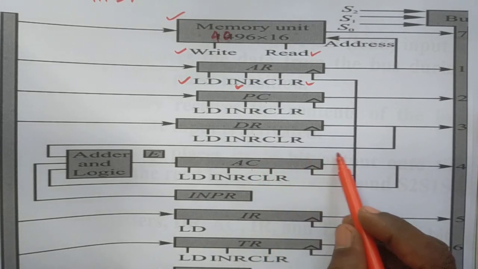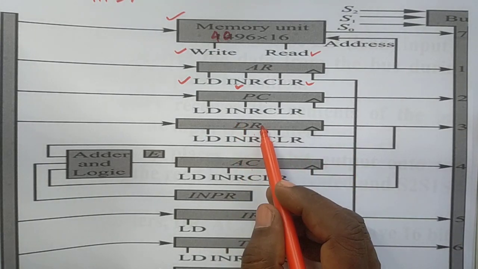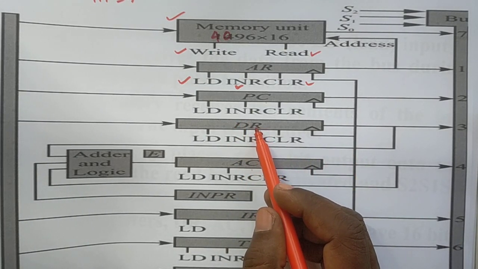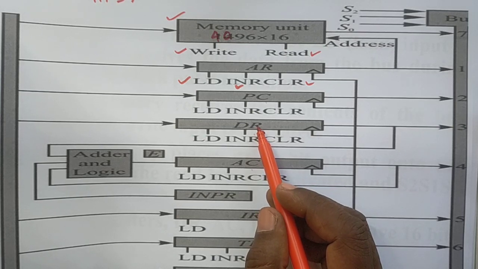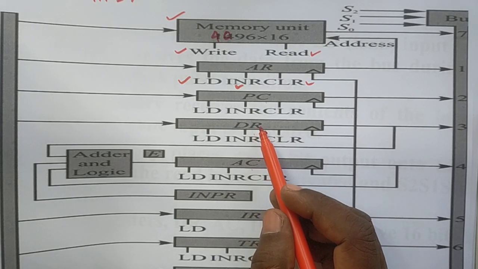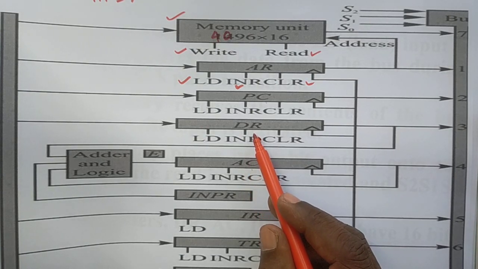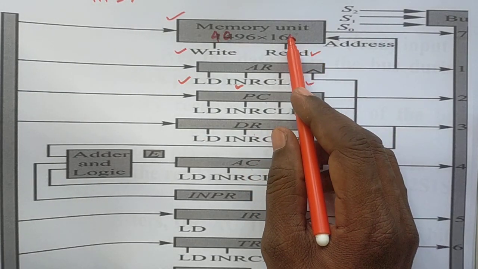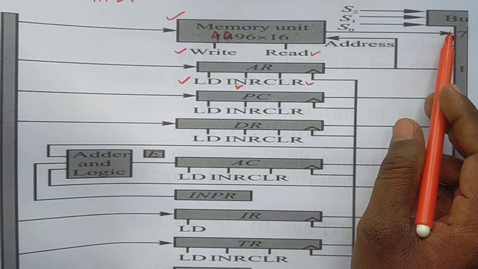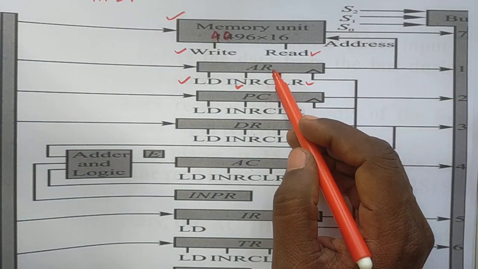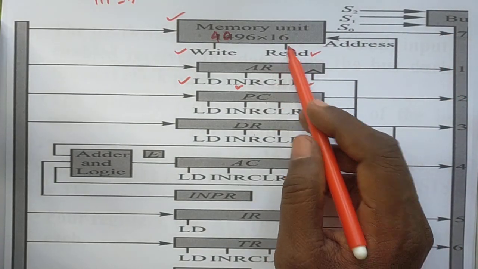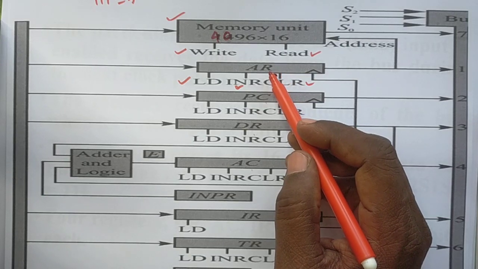You see data is collected from here, the DR data register, it receives the data. Okay, it receives data from input or it receives data from memory. You see the register here, data is released from memory. The AR register is also linked to the memory. AR register is the address register of data.